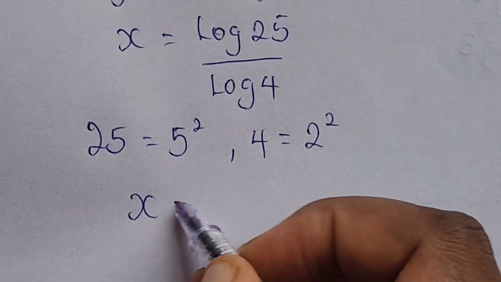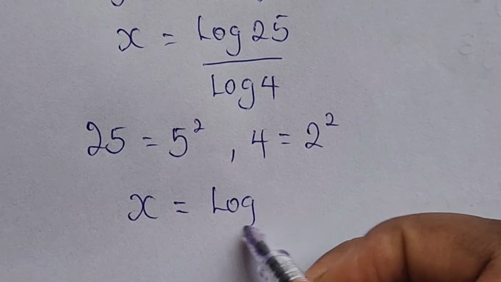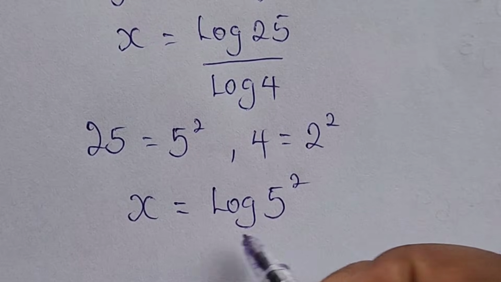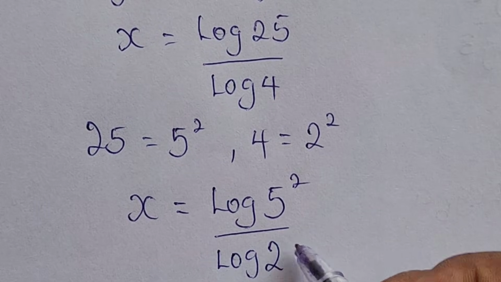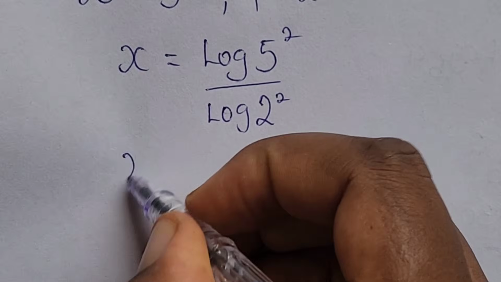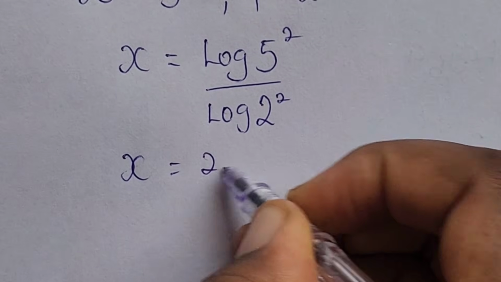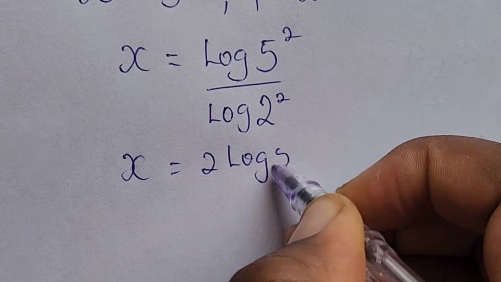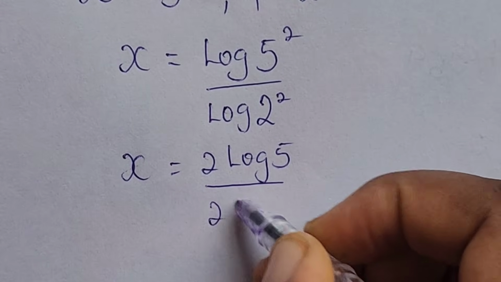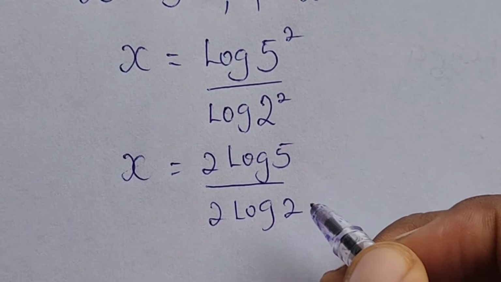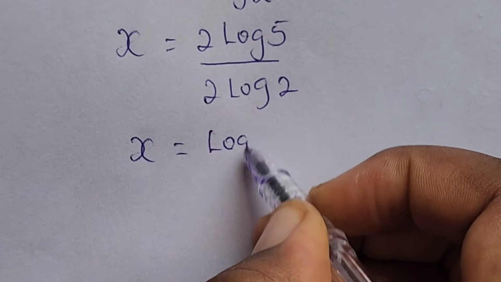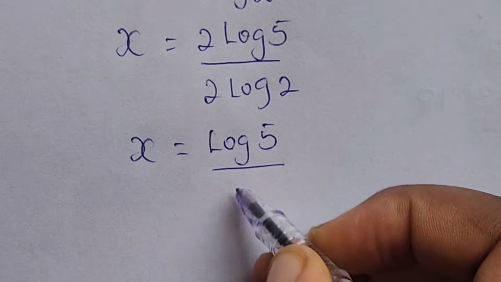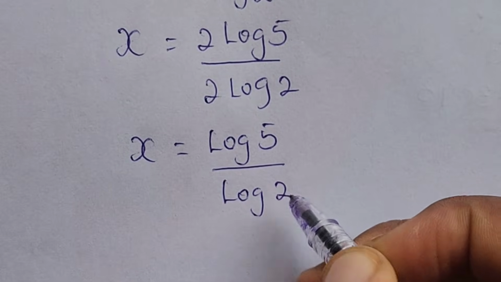So we have x is equal to log of 5 to the power of 2 over log of 2 to the power of 2. So x is equal to 2 times log of 5 over 2 times log of 2. So I have x to be equal to log of 5 over log of 2.